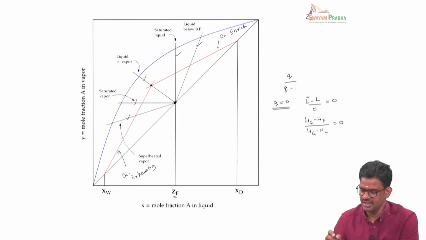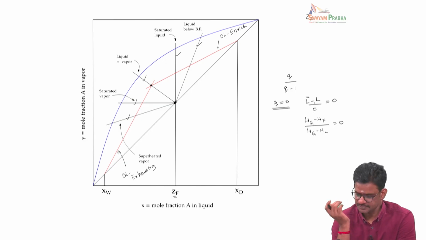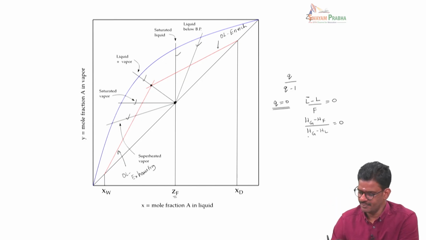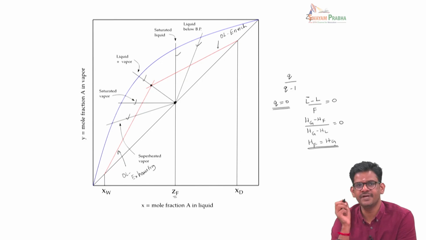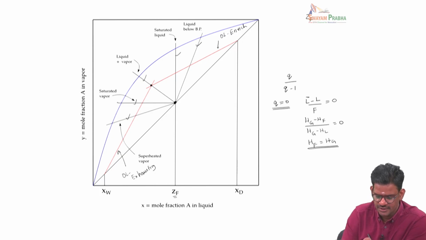Okay, it basically means that when q equals 0, we are not changing the liquid flow rate at all, which means the feed has to be totally a vapor, or totally a saturated vapor. So that would happen if HF is equal to Hg. So this is what I say, that the feed is 100% saturated vapor, and that is this line shown here. So this one corresponds to q equal to 0.